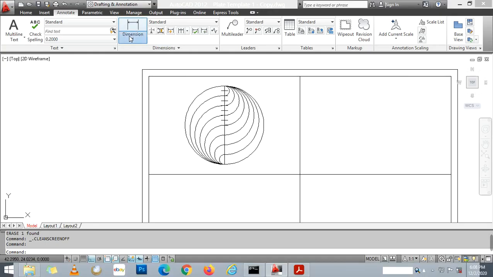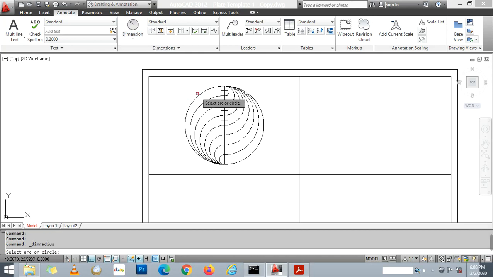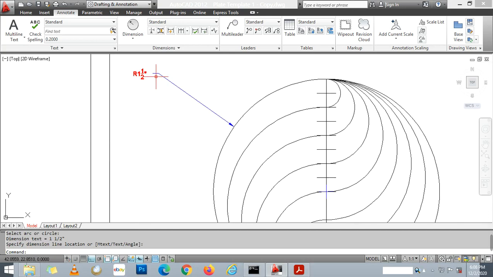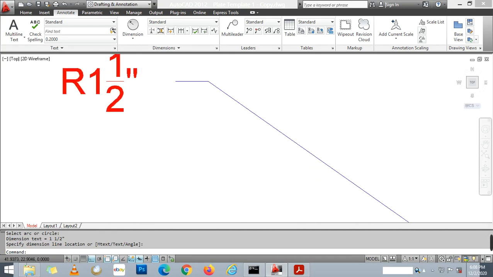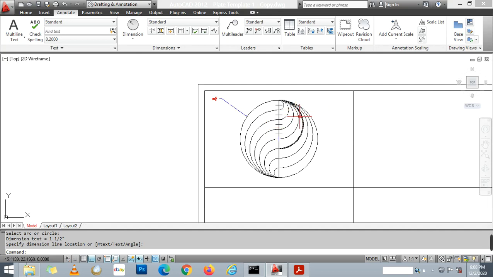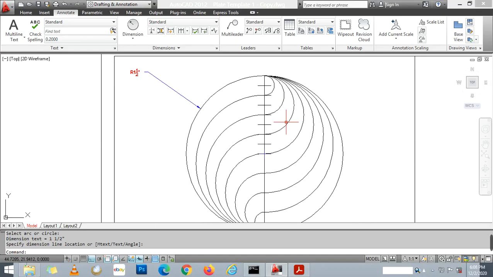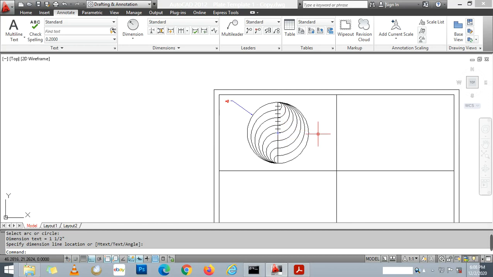So here I'll be using dimension tool. Okay. Then just continue with the other dimensions. So we have here the radius of those dimensions. Okay, that's the first figure.